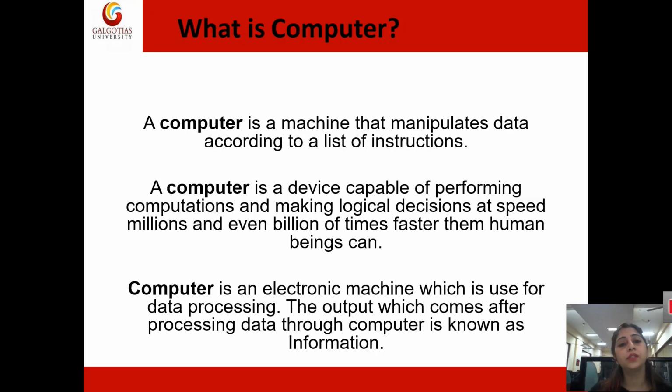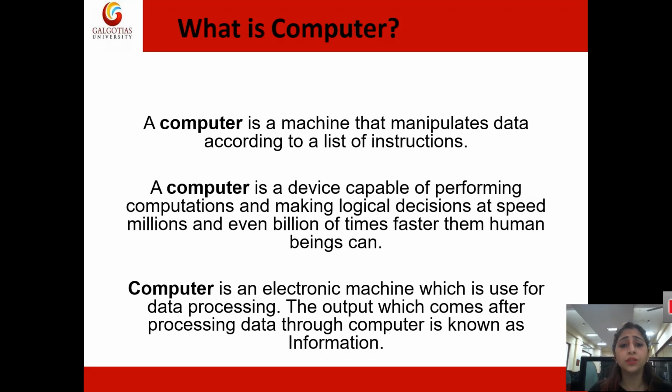Depending on the way we are using computers, the definition of computers is defined in these three ways. The first one is, a computer is a machine that manipulates data according to a list of instructions, and instructions are basically the set of code that we give to the computer, on the basis of which the data that we enter is manipulated and processed, and according to that processed data we get the output.